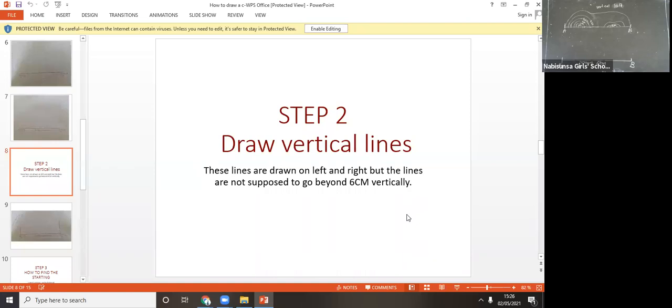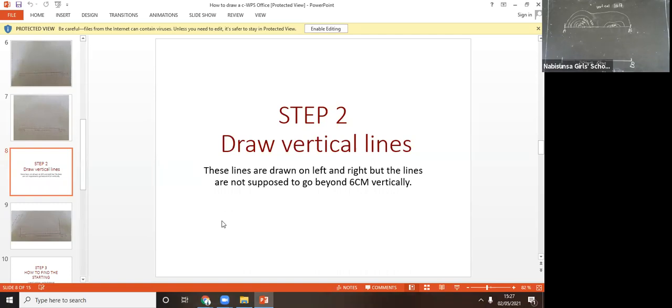Step 2, draw vertical lines. These lines are drawn on left and right, but the lines are not supposed to go beyond 6 centimeters vertically. The next stage is to draw vertical lines on left and on right, but they are not supposed to go beyond 6 centimeters vertically.